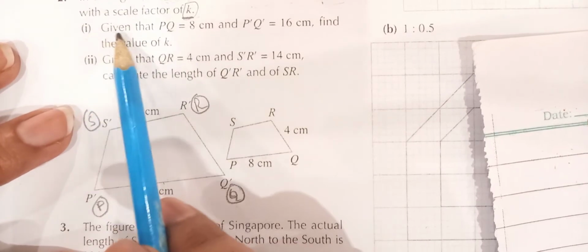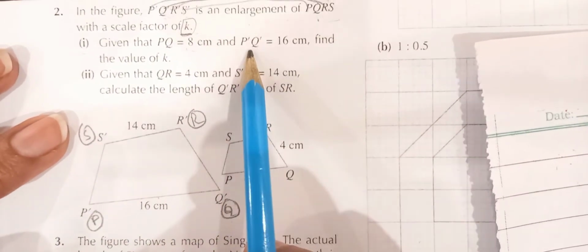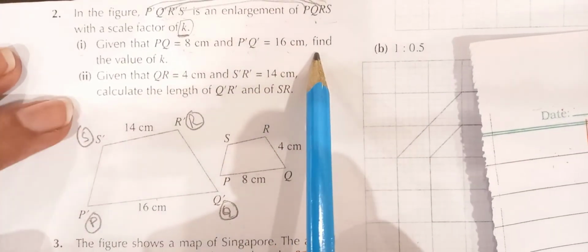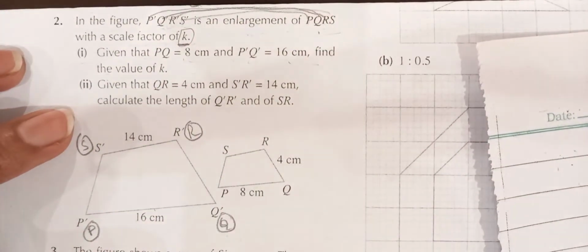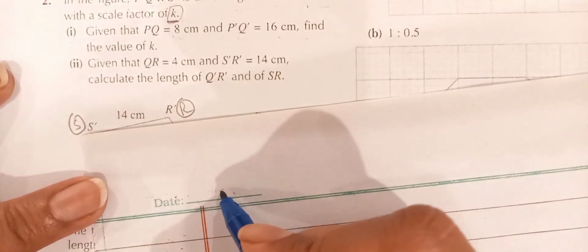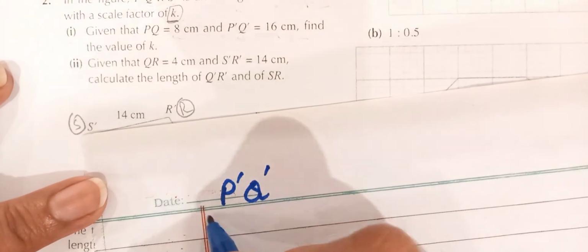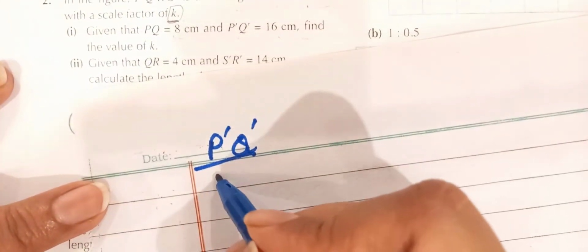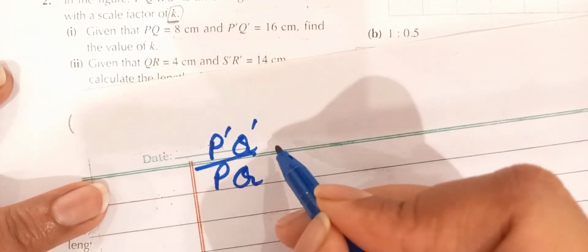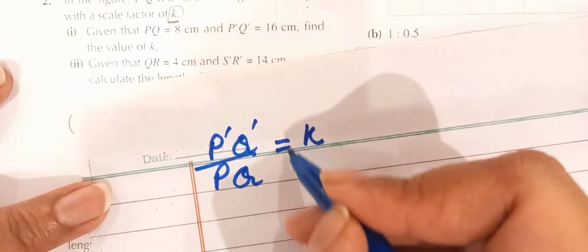Part 1 is, given that PQ is 8 centimeter and P dash Q dash is 16 centimeter, find the value of K. Now we know that when we are dealing with sides, we put the enlarged side in the numerator and the smaller side in the denominator, and we put it equivalent to K, which is the scale factor.